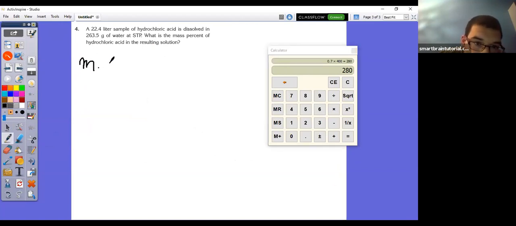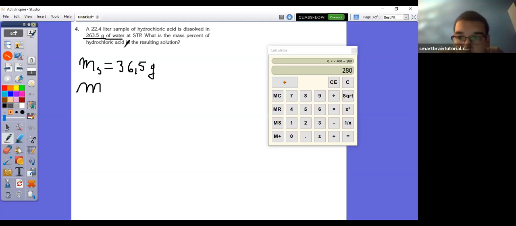The mass of solute, we found it, 36.5 grams. The mass of solvent, this is not the mass of solution, is the mass of solvent, because the mass of solution is solute plus solvent. Here the solvent is 263.5 grams.